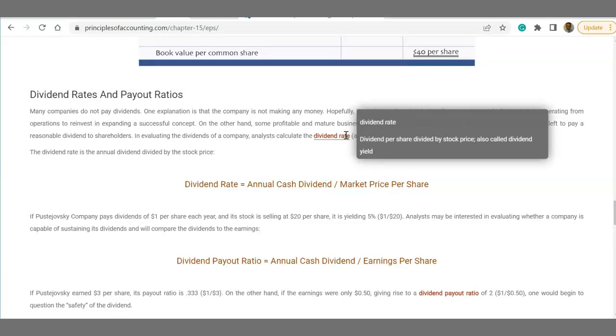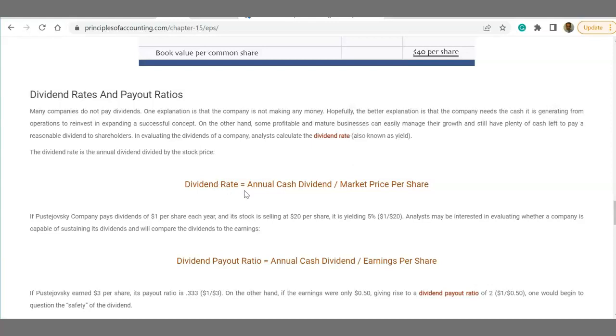It is the annual cash dividend you receive for every dollar you paid to buy one share. Say you buy it for $100 and get $5 dividend. That's $5 out of $100, which gives you a 5% yield.